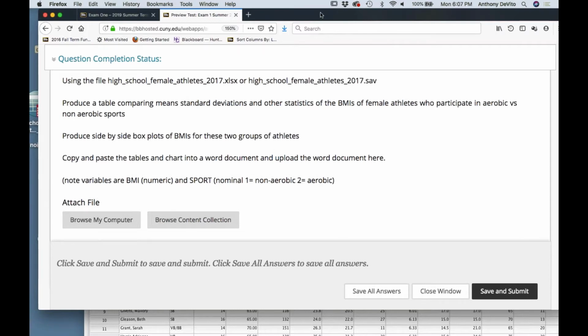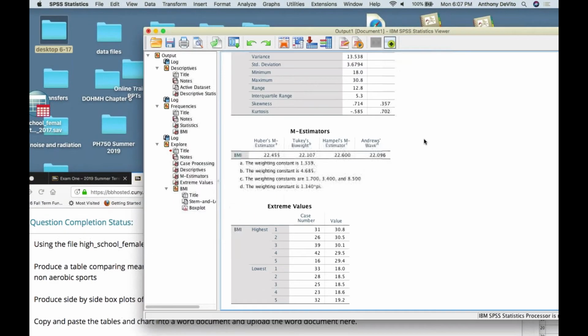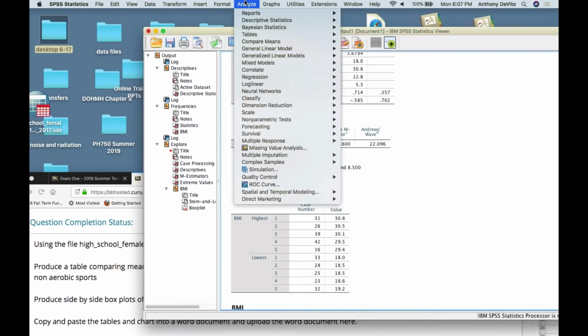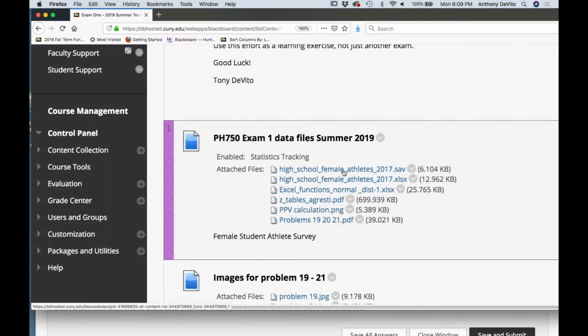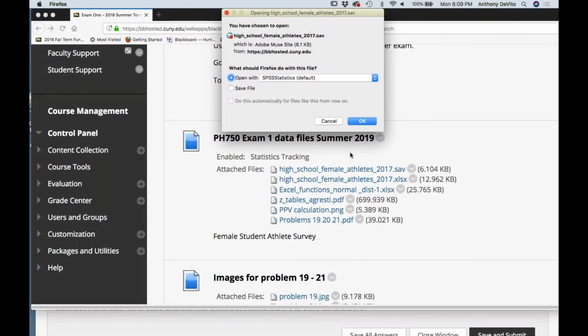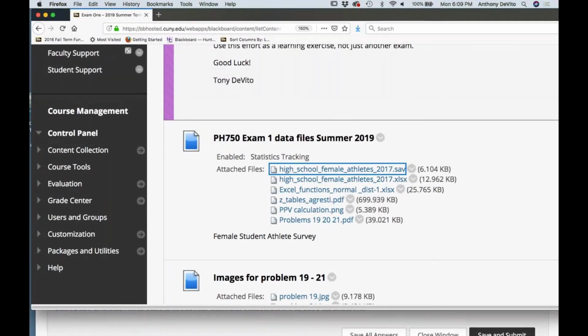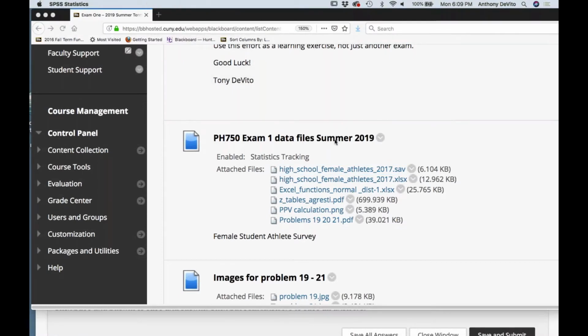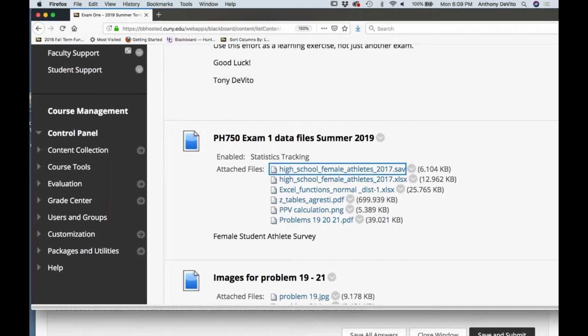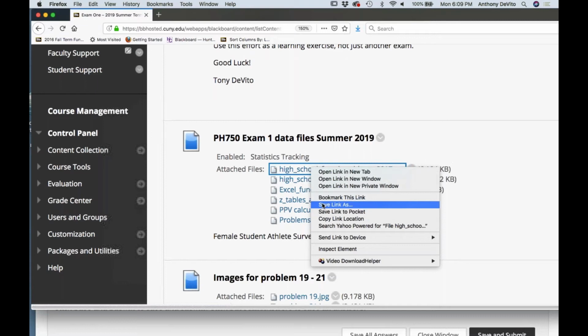Okay, so aerobic and non-aerobic sports. Let's go up here to analyze, descriptive statistics. Okay, let's see if we can get away with this time. In the meantime, while that's working, I'm going to download this.